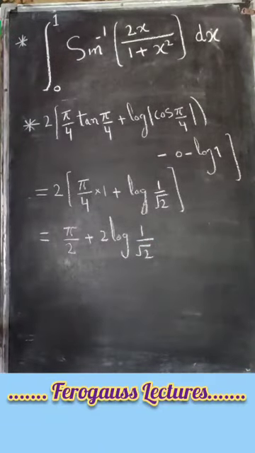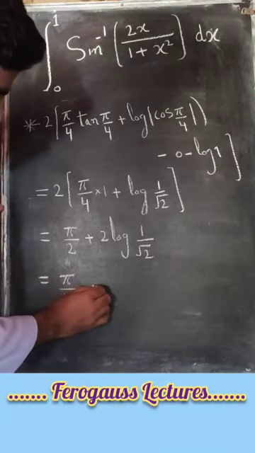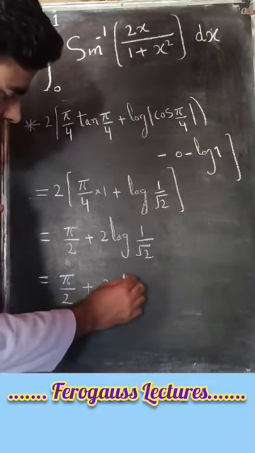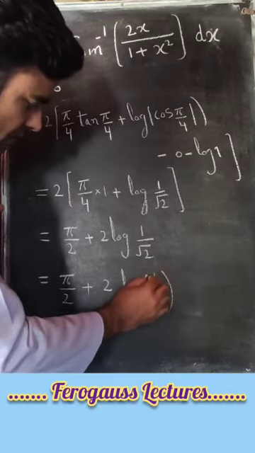Or we can write it like this, it's pi by 2 plus twice log of 1 by 2 raised power 1 by 2.